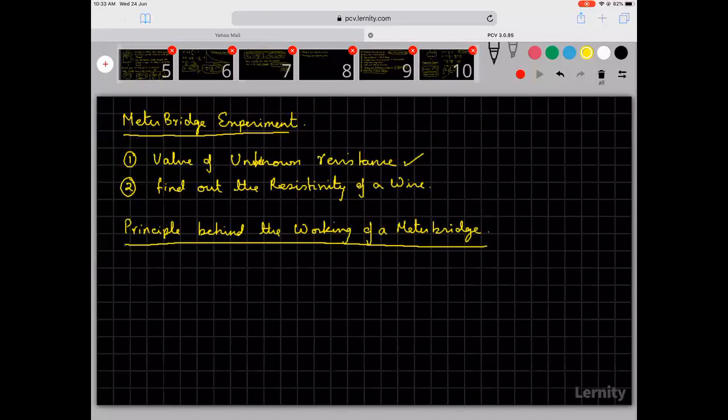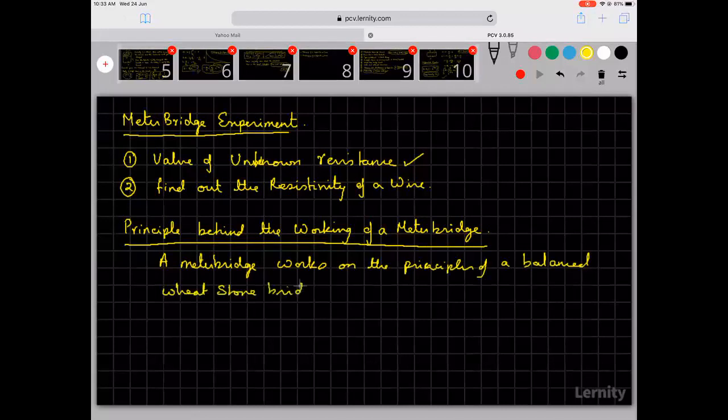That is, a meter bridge works on the principles of a balanced Wheatstone bridge circuit. So we have a balanced Wheatstone bridge circuit, and then the meter bridge is based on that.